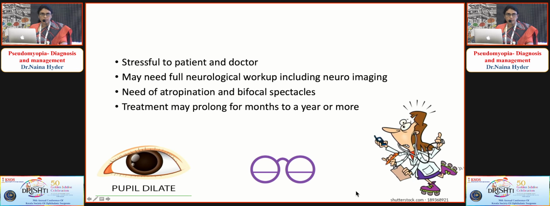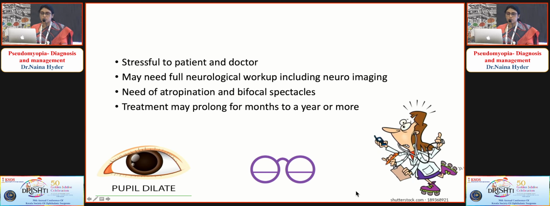But when we went back to the history with this 10-year-old boy, the mother was reluctant initially, but his father had passed away recently. The mother was handling all the load as a single parent. The child was stressed, so he had accommodative spasm. We need the child to get accustomed to the environment.